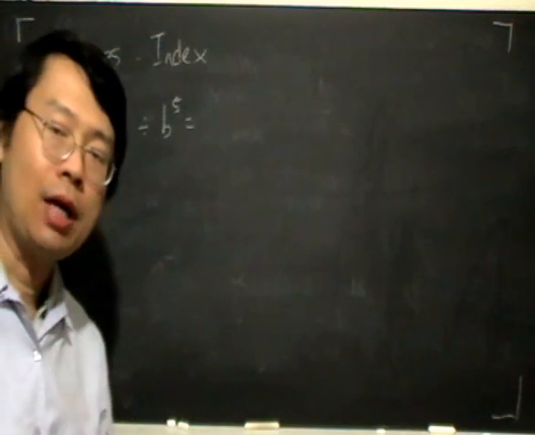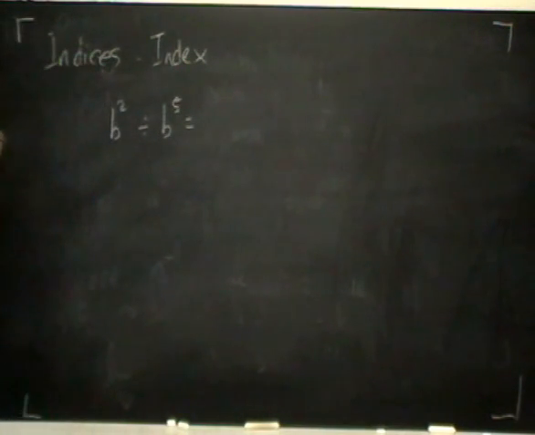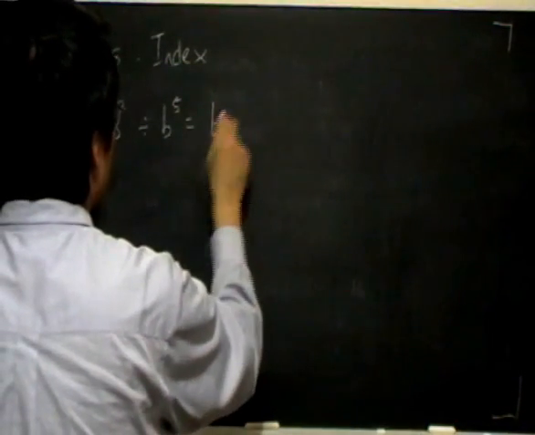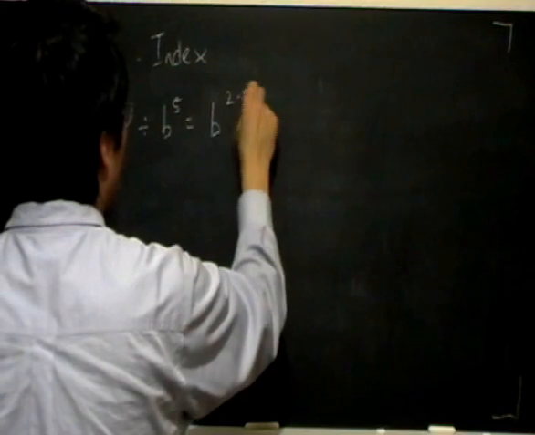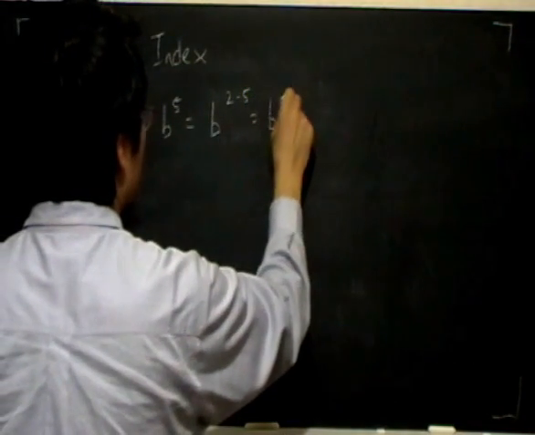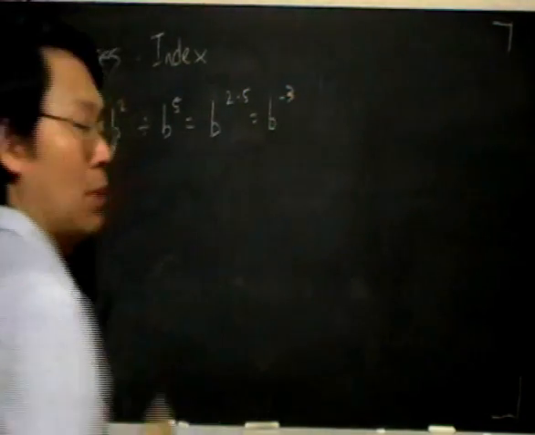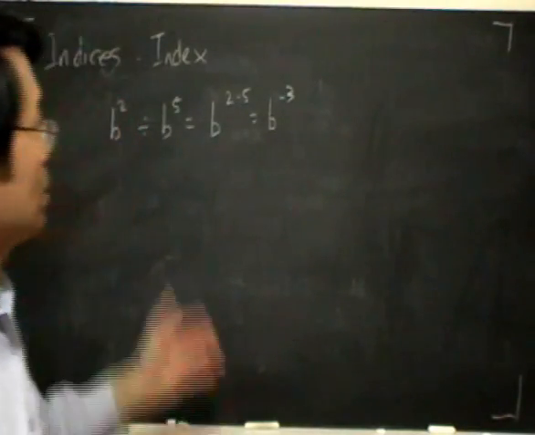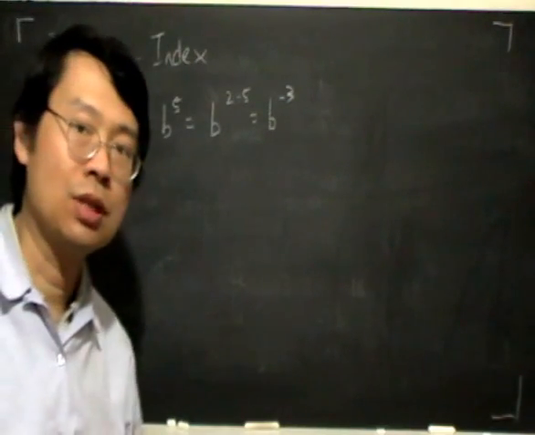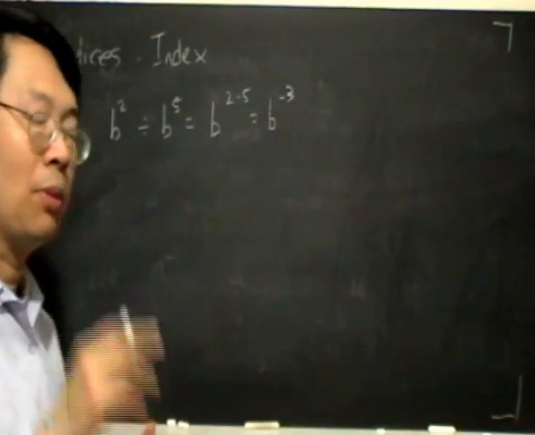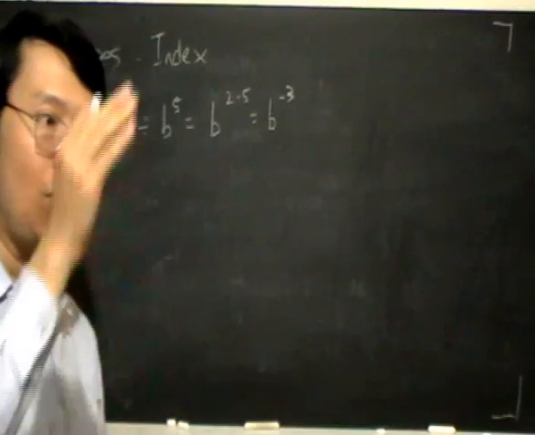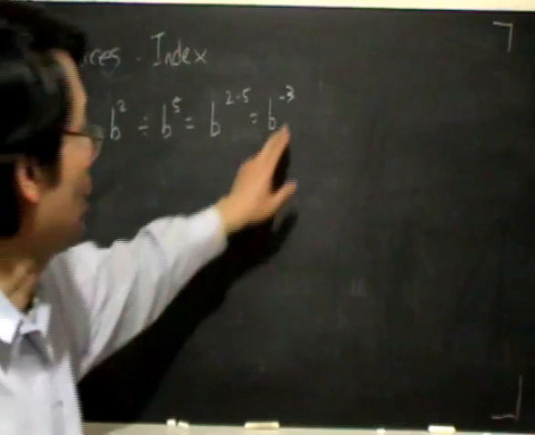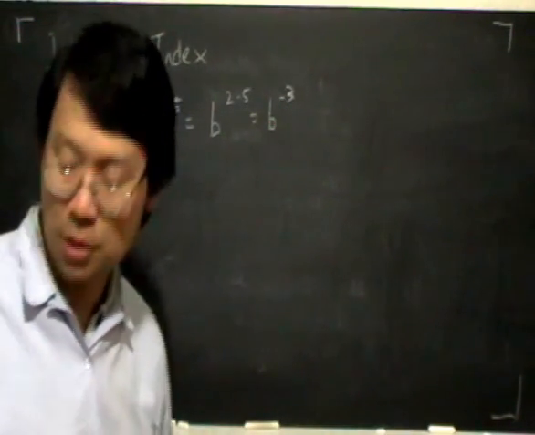Now if I use the rule for subtracting powers, I should get b to the power of 2 minus 5, which is b to the power of minus 3. Now, what does that mean? We have seen just now that the power of minus 1 means 1 over the number. But what does the power of minus 3 mean?